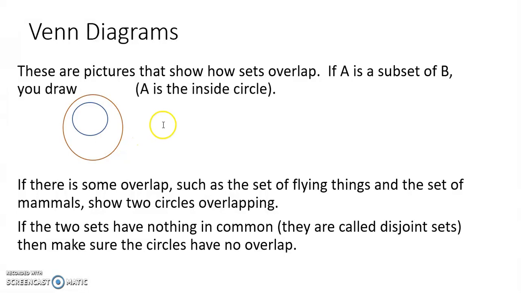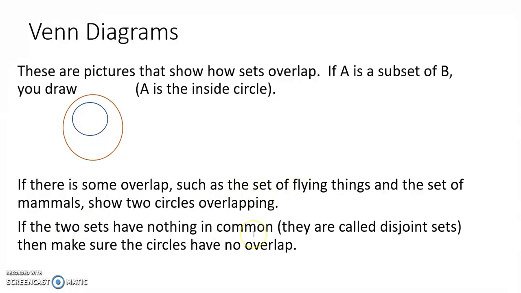Or sometimes they're ovals instead of circles. Okay, if there's some overlap, and I don't have these pictured, but if set A and B have some things in common, but A has things B doesn't, and B has things that A doesn't, then we just show them overlapping, not one completely inside the other, but just some kind of overlap.